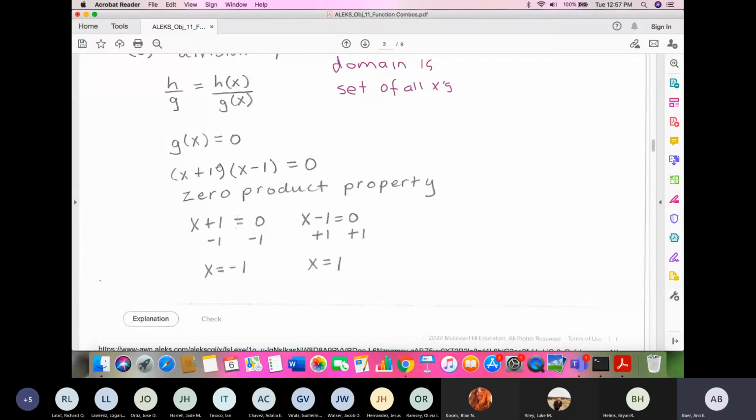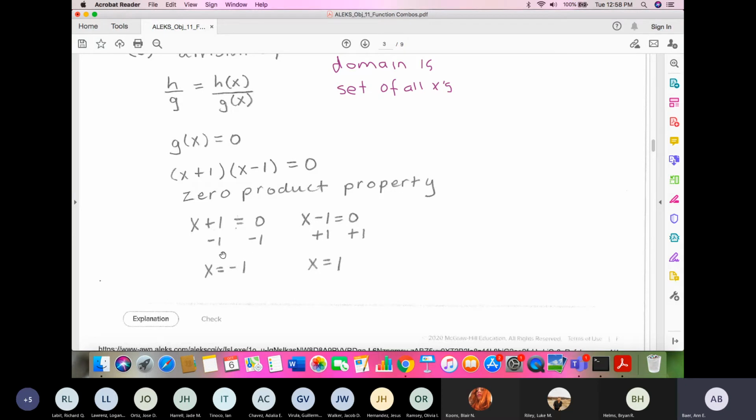This just represents a real number, as does this, and the only way you can multiply two numbers together to get 0 is if one of them is 0. So we take this first factor, whatever it is, set it equal to 0. We take the second factor here, set it equal to 0, and we solve for x.